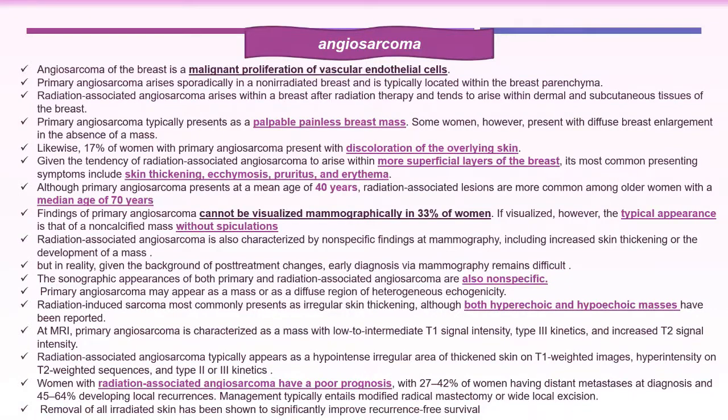This is one point. The other point, a third of the cases can present with normal mammography. You might not see it on mammography at all. You will see it only on ultrasound. And it has a poor prognosis. Usually, the patient presents with metastatic disease.